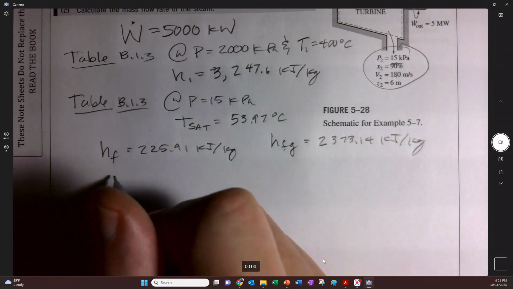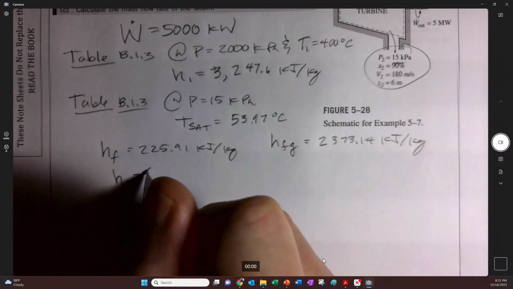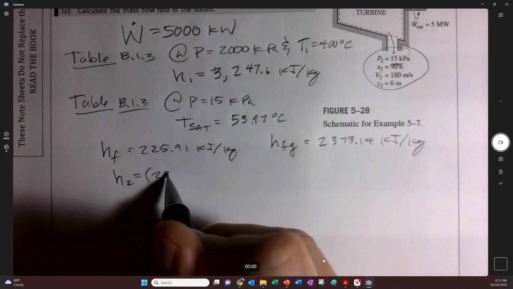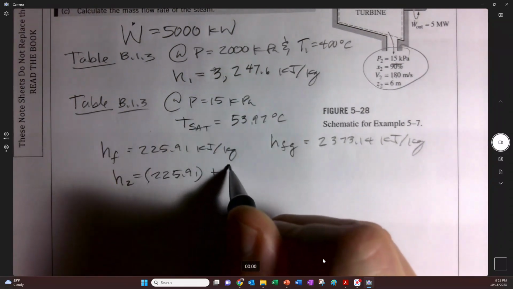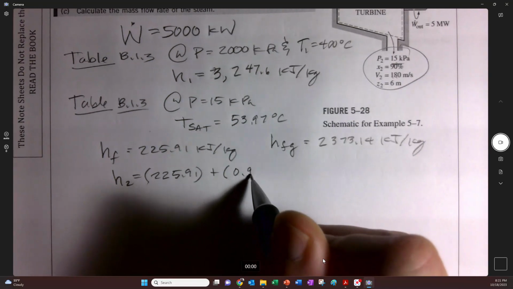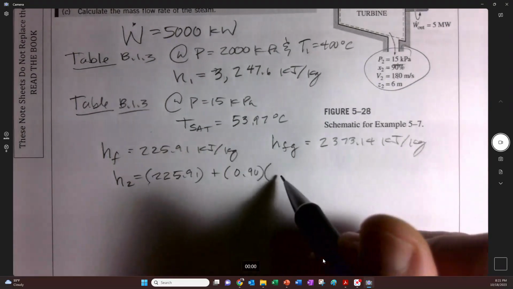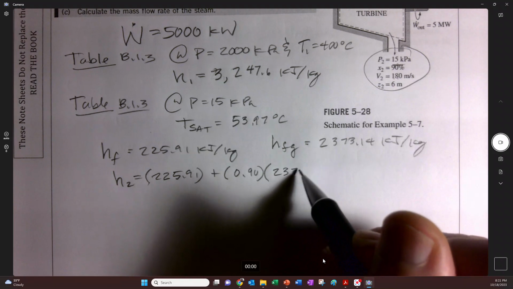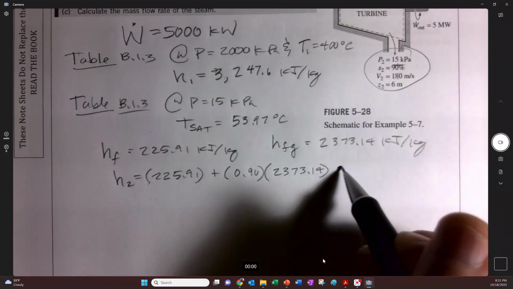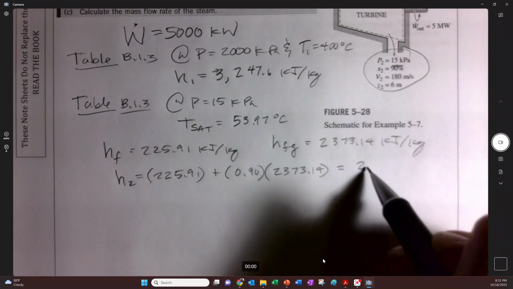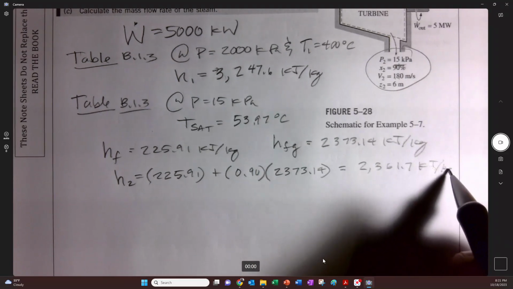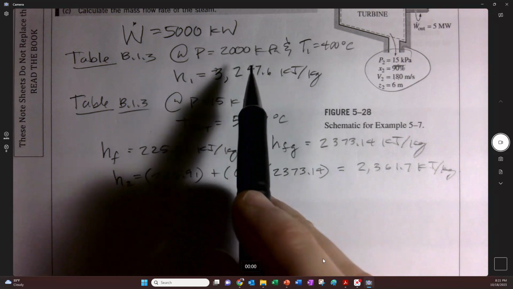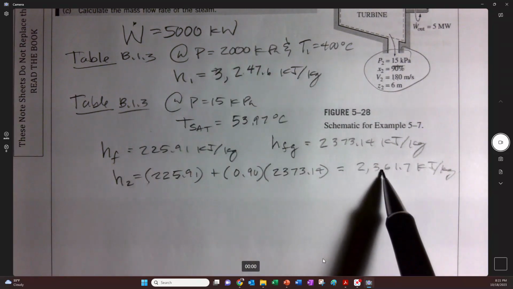And so we can find out what H2 is going to be by putting in our quality here. I didn't write out the equation, but hopefully you'll remember this is the equation to use for the quality when doing a mixed vapor. H2 is 2,361.7 kilojoules per kilogram. All right, so we went from this to that.